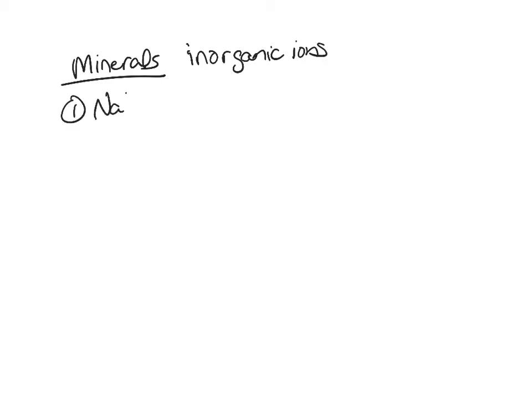Let's discuss some of the minerals you should have in your diet. Minerals are inorganic ions. So we're talking about sodium and chloride and potassium. Sodium and chloride, they determine the osmotic pressure or the osmotic concentration in the extracellular fluid.